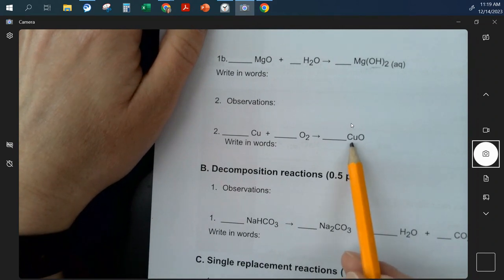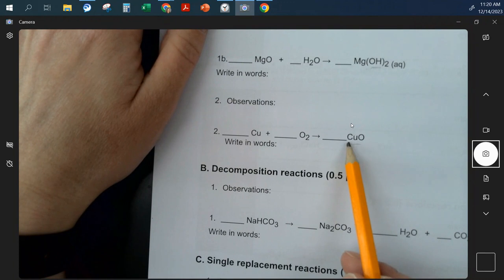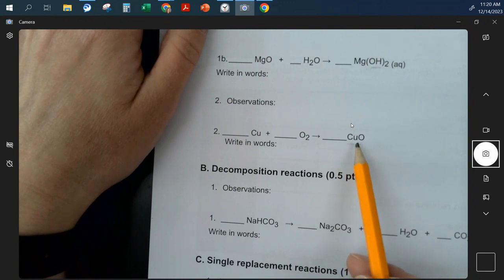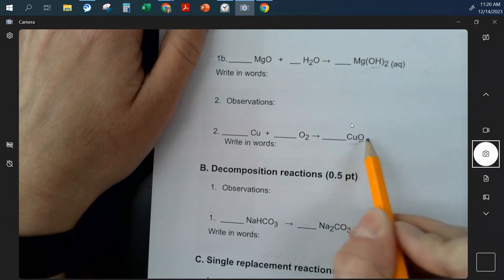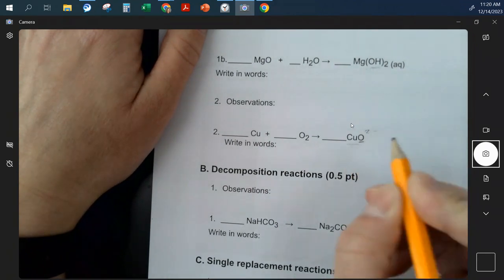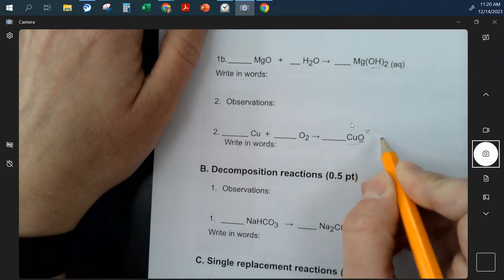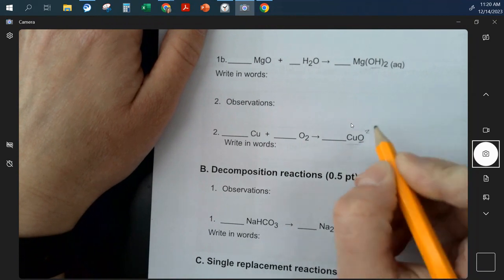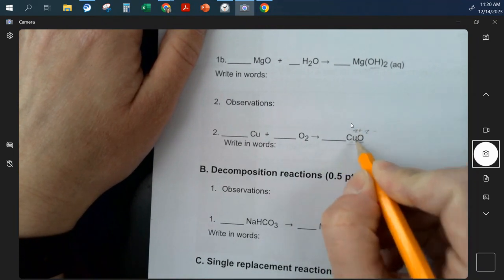So what would this be here? This one's copper oxide. And copper, remember, is a transition metal, so we have to say the charge on it. What's the charge on oxygen? It's 2 minus, right? So what's the charge on copper to balance that 2 minus? 2 plus. So what would the name be for this one?